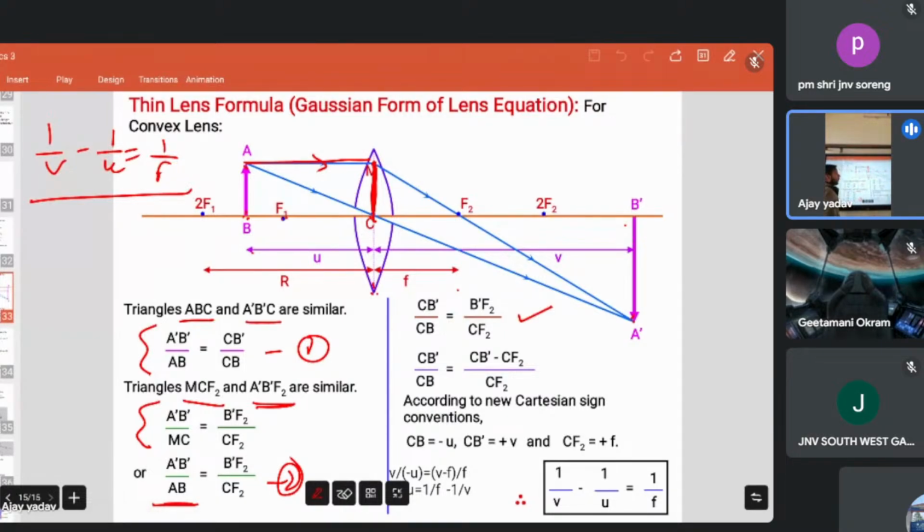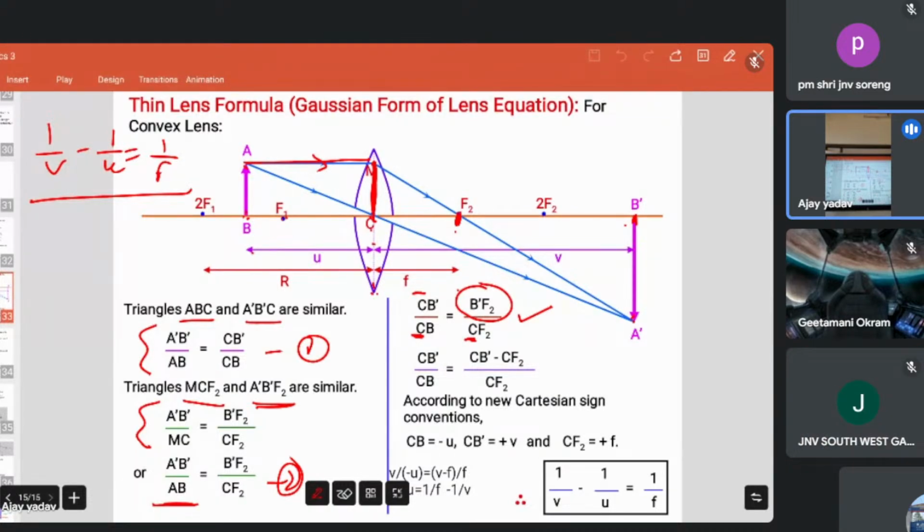As you know, according to sign convention, we measure all distances from the optical center. In this equation there is optical center C, but here it is B dash F2, so we have to convert it in terms of optical center C. B dash is the image and this is F2, so in terms of C we can write it as CB dash minus CF2.